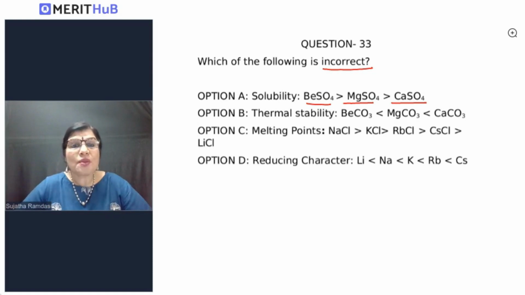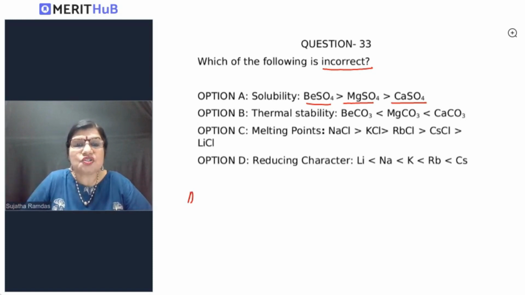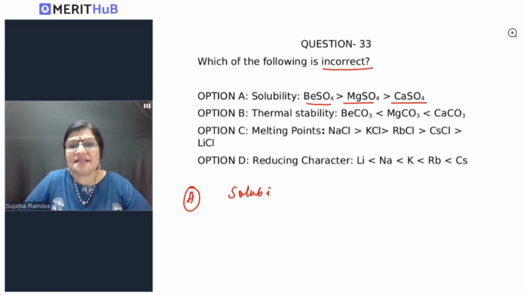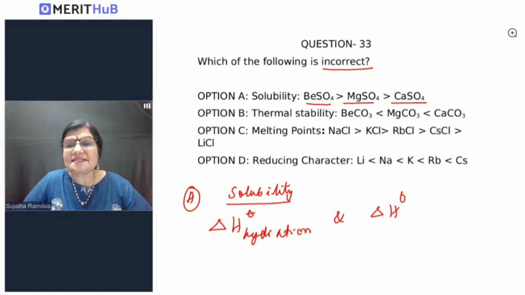Now moving on to solubility. When we discuss solubility, the 2 competing factors involved would be the enthalpy of hydration and the lattice enthalpy.